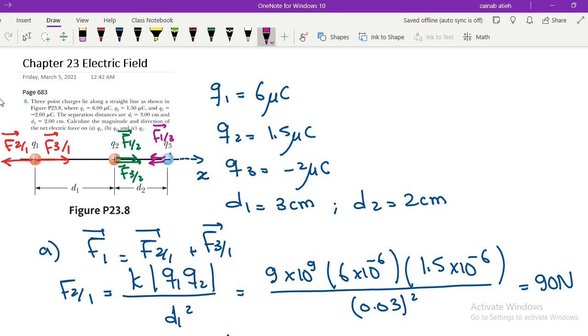This is the way I draw the force exerted by 2 on 3. Here I also find the magnitude of F1 on 3 and of F2 on 3, then write them as vectors in terms of I. In both cases it's minus I, because they are opposite to the x-axis, and you add them and get your answer. It's similar to what I have already done. So this is for this problem.